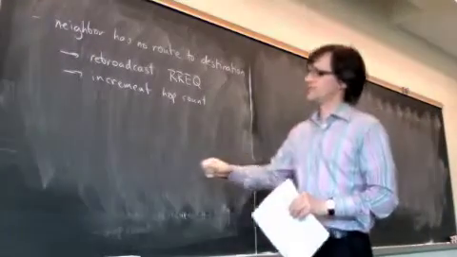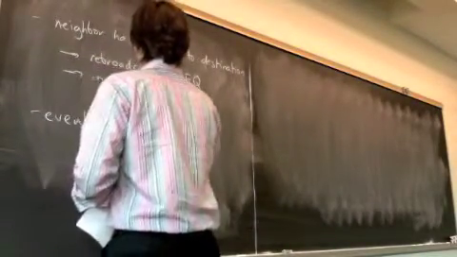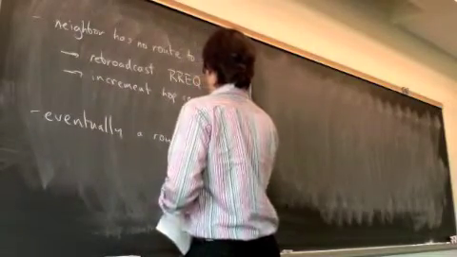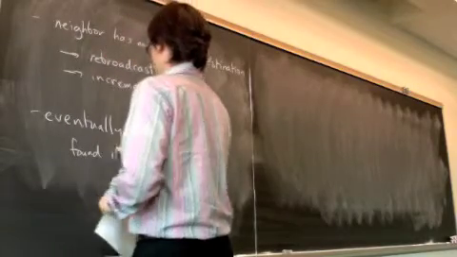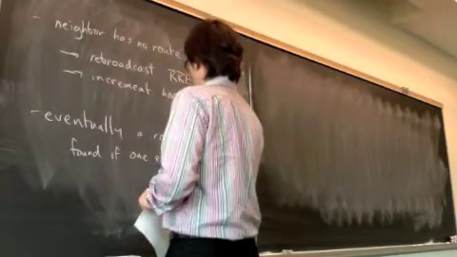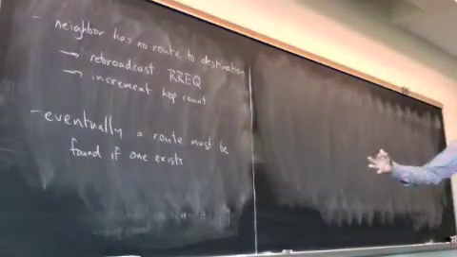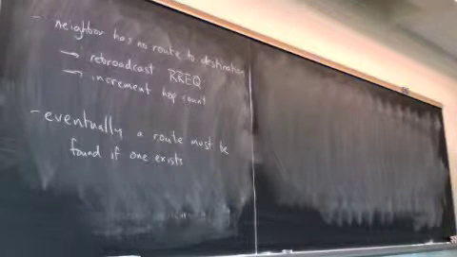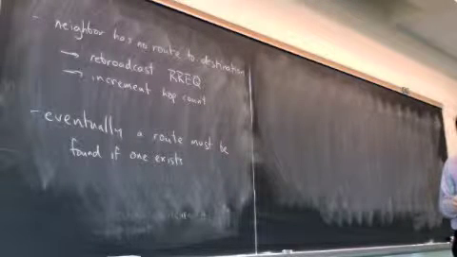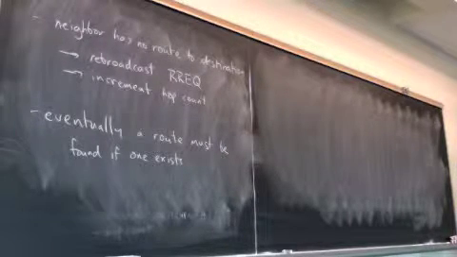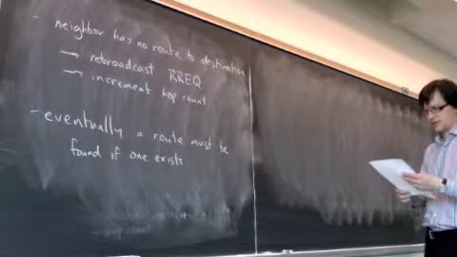So eventually, a route must be found if one exists. We won't deal with the case where the network is changing so quickly that while you're doing this process, routes appear and disappear, because that would cause severe problems. But if the network is changing on the order of tens of minutes to hours, this would definitely succeed in finding the route if it exists.